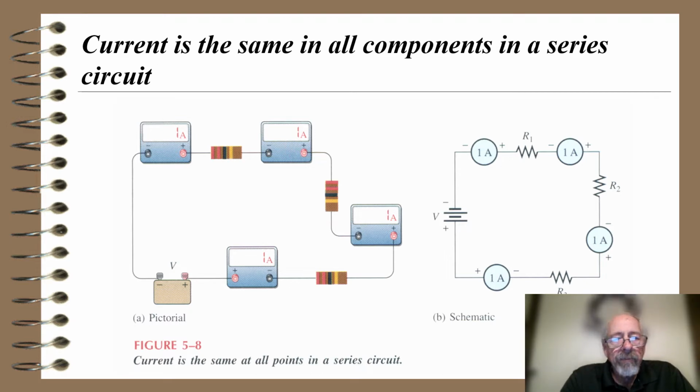By the way, if you want to know what polarity to put the current meter in, you put the minus lead of the current meter closest to the minus lead of the battery, and the plus lead of the current meter closest to the plus lead of the battery. That will give you a correct potential for the meter.